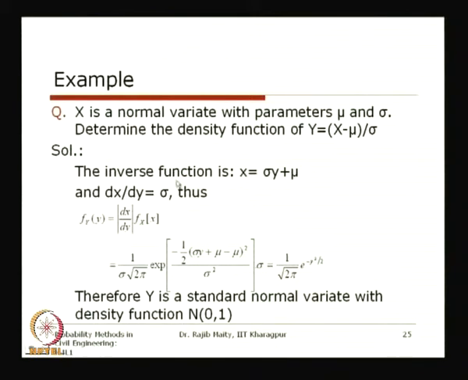So, we can take some examples. First, the transformation from the normal distribution to the standard normal distribution. We explained earlier that if we take the relationship y equals (x minus mu) by sigma, where mu is the mean and sigma is the standard deviation, then the distribution of y becomes a standard normal distribution with mean 0 and standard deviation 1.